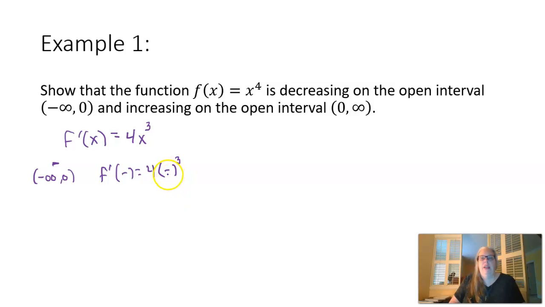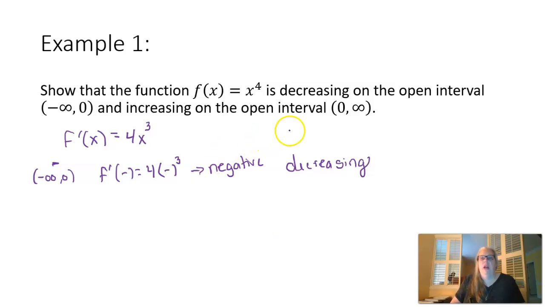If I take a negative number and raise it to the third power, it's still going to be negative. So this is going to be a negative answer, regardless of what number I choose inside that interval. Because of that, on the interval from negative infinity to 0, the derivative is negative, so the function is decreasing, which is what we were trying to prove.